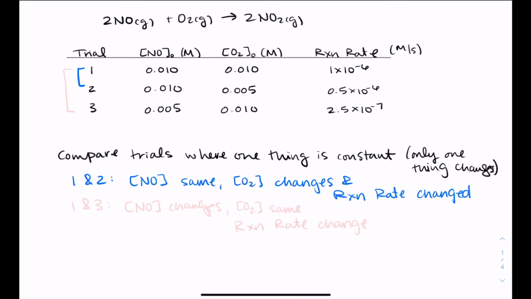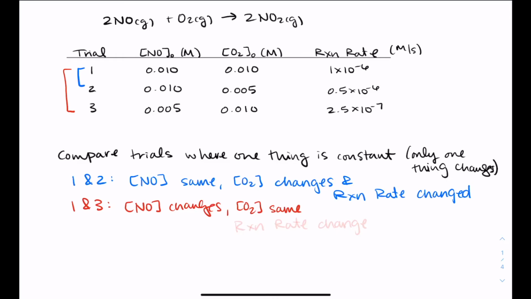So compare trials 1 and 3. Now NO is changing. In trial 1, it's 0.010. In trial 3, it's 0.005. But the O2 concentration is the same for both. So the only thing that changes is NO, and my reaction rate changed. So the rate of this reaction depends on the concentration of NO and the concentration of O2.